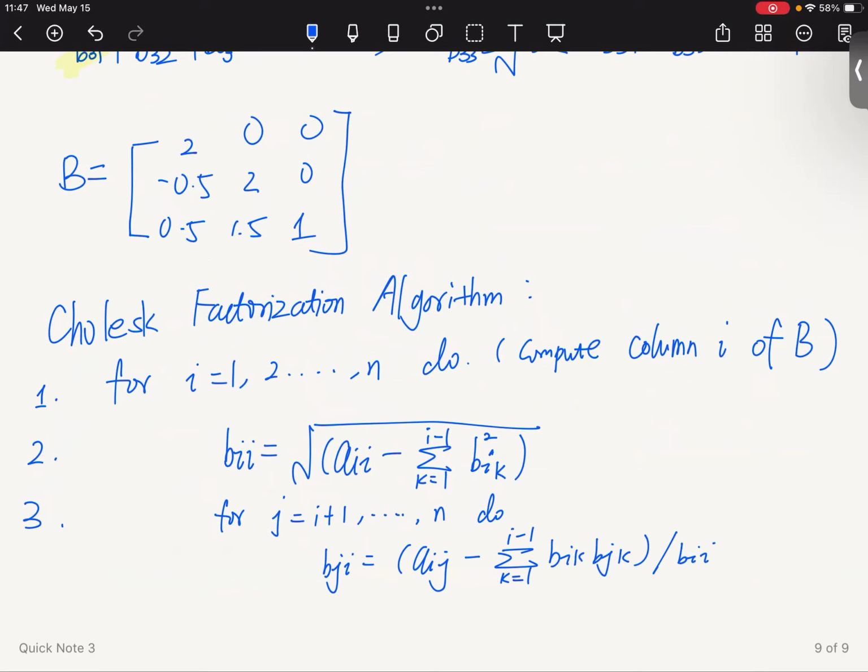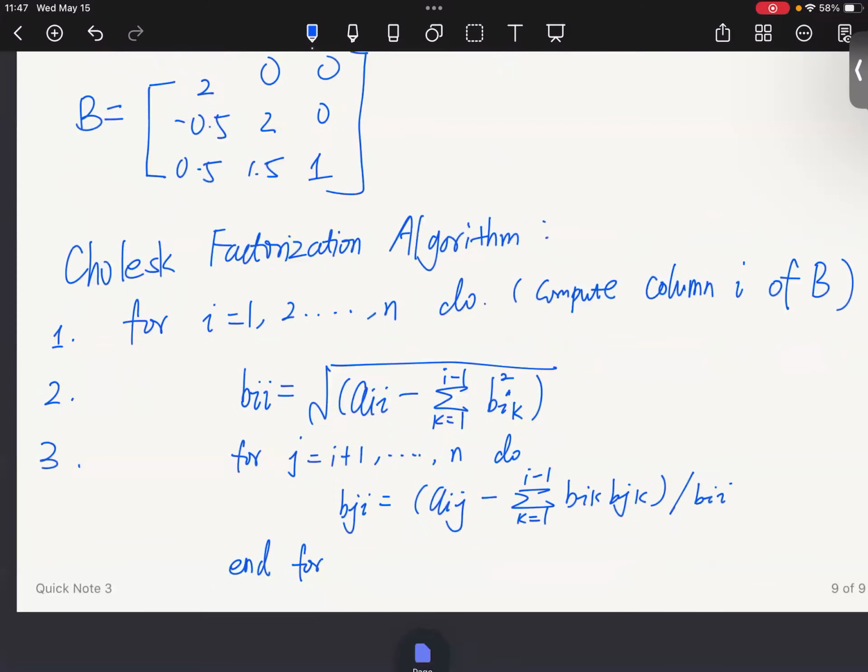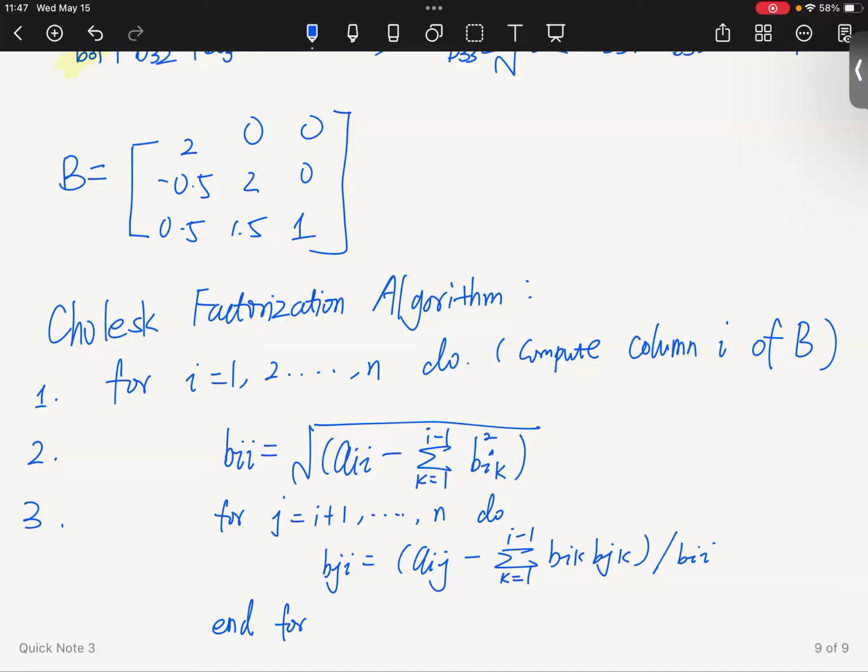BII is just the number we just calculated from this big iteration I. And so after you get all the column I values, we will end this for loop, and we also end the bigger for loop here. And then we will end the big iterations if you do all the iterations for the I index.